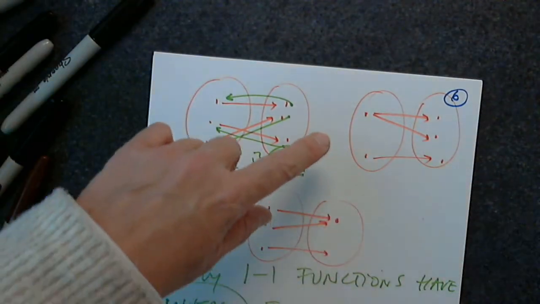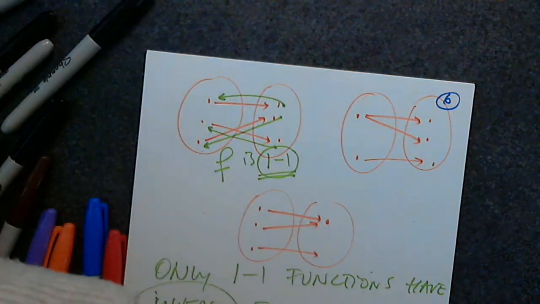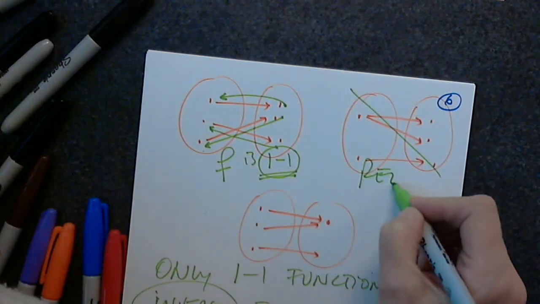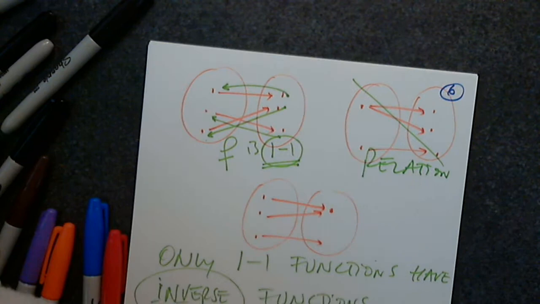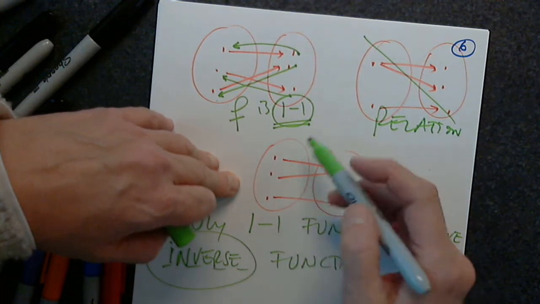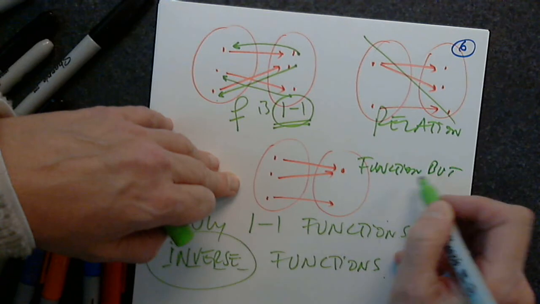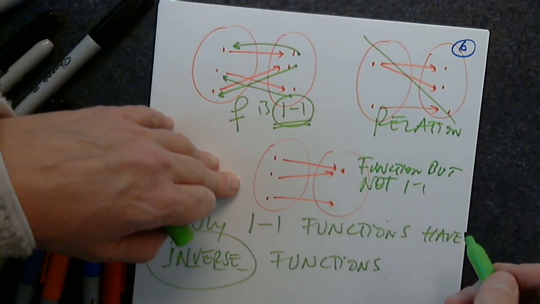What about this? What can you say about this one? It's not even a function. Excellent. What about this one? It's a function, but is it one-to-one? No. Function, but not one-to-one.